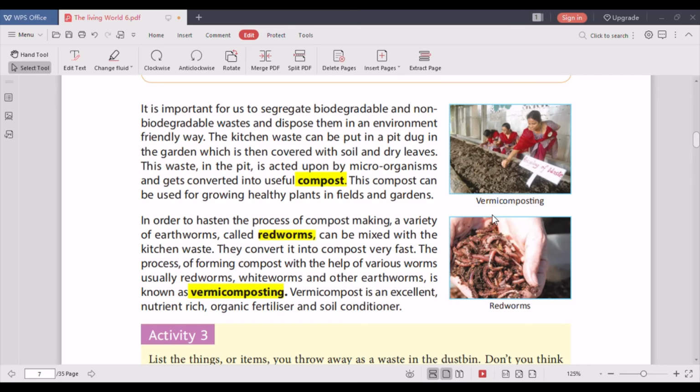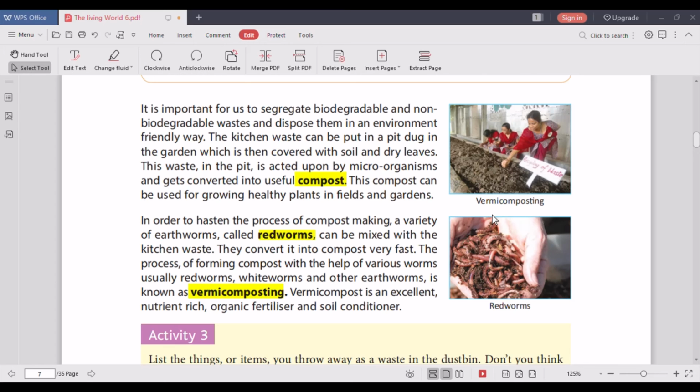The process of forming compost with the help of various worms, usually red worms, white worms and other earthworms, is known as vermicomposting. Vermicomposting is an excellent nutrient-rich organic fertilizer and soil conditioner.